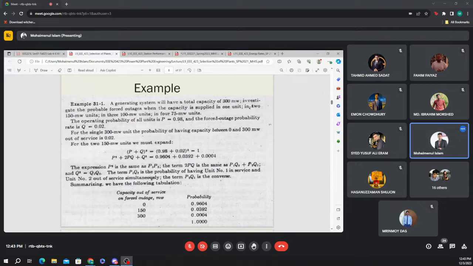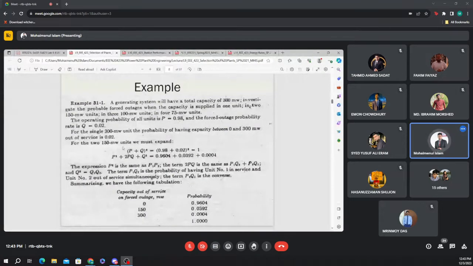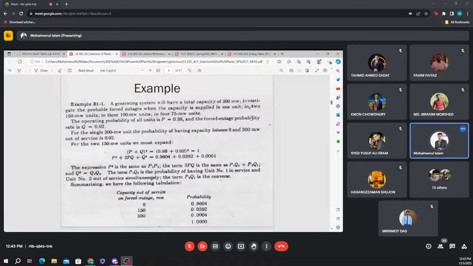In that math, there was a 300 megawatt generation capacity of a particular power plant, and they asked to understand the probability of forced outage and the probability of being in running condition of the 300 megawatt plant if it is in 1 unit, 2 units, 3 units, and 4 units.